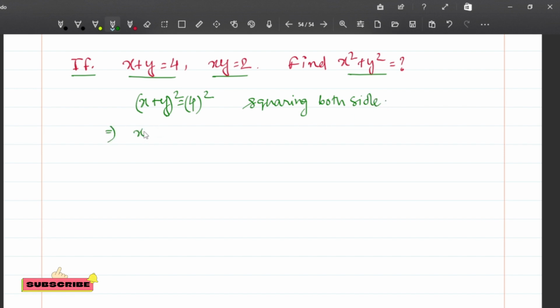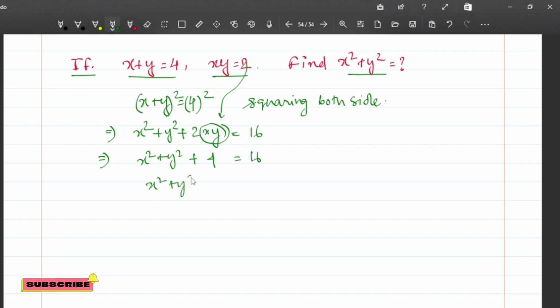Now express with the formula: x square plus y square plus 2xy equals 16. Now substitute xy with 2. So you get 4 here. So 16 minus 4. So that is your answer.